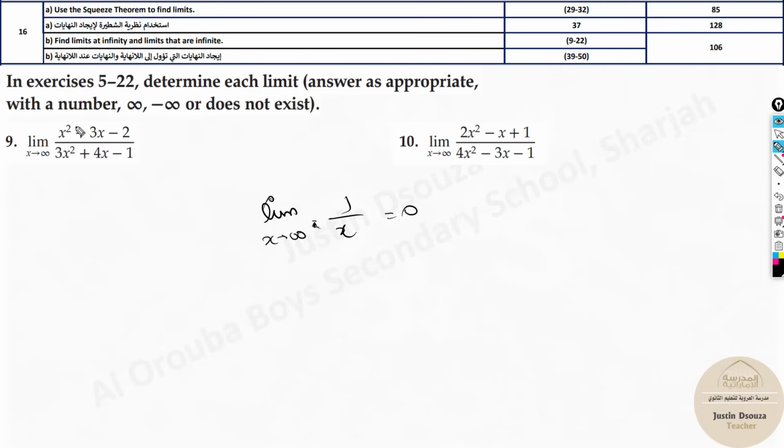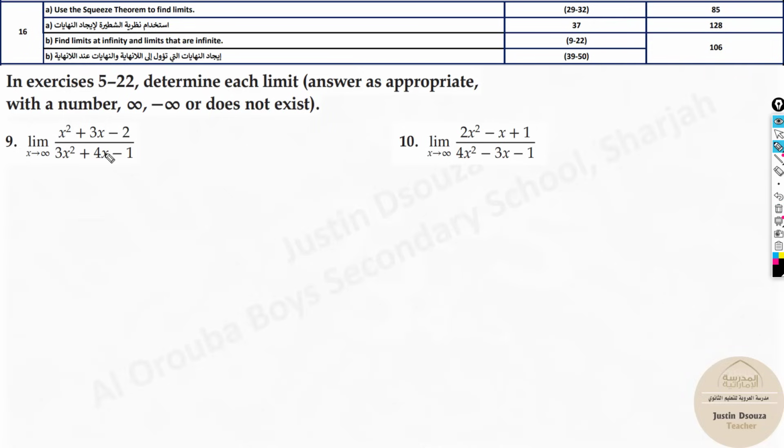So here, looking at this problem, I know the answer is 1 by 3. Just by looking. Why? Because the highest degree over here is x power 2. Here also x power 2. So see the coefficient. It's 1 by 3. That's it. Now, if you're bold enough, you can do this.